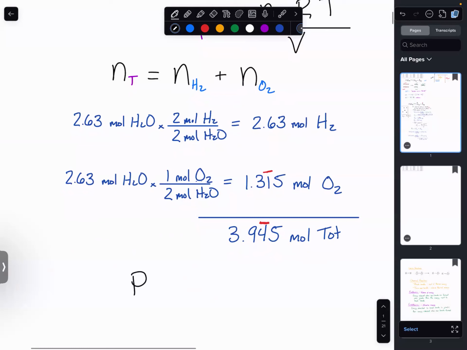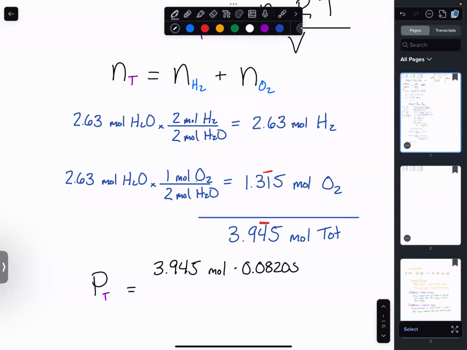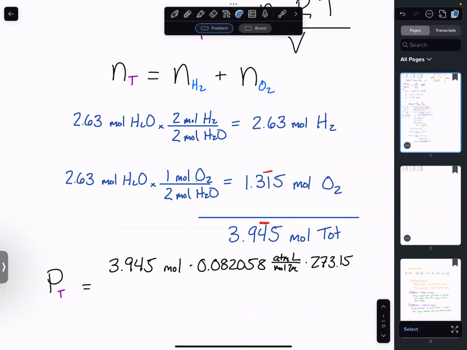All right, so then my total pressure is equal to that total number of moles times R times that 273.15 Kelvin over my exactly 1 liter vessel.